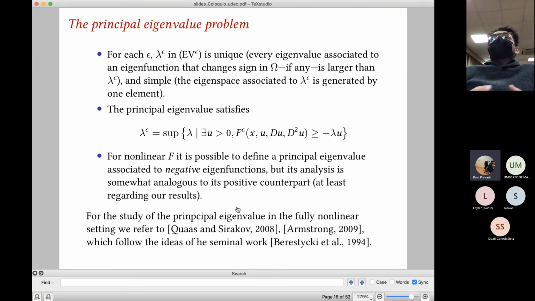In the fully nonlinear setting, these results are contained in papers by Armstrong, Ishii, Sirakov, and others. This extends the work of Berestycki, Nirenberg, and Varadhan, in the seminal paper for linear operators in non-divergence form, where the eigenvalue is actually defined as the characterization above, and all other properties stem from that.